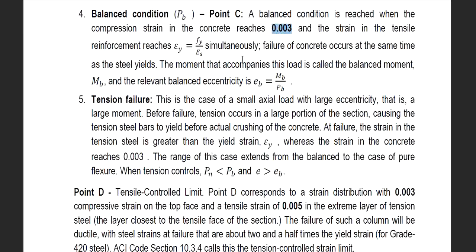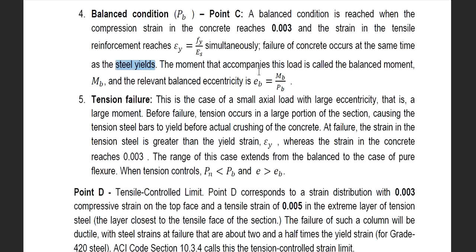So now at point C, the failure is not only going to occur due to crushing or due to compression strain in concrete, but compression strain in a concrete maximum, it is going to reach the maximum value. Simultaneously the tensile strain in reinforcement is going to reach the maximum value, and hence the reinforcement is going to yield and then failure is going to occur.